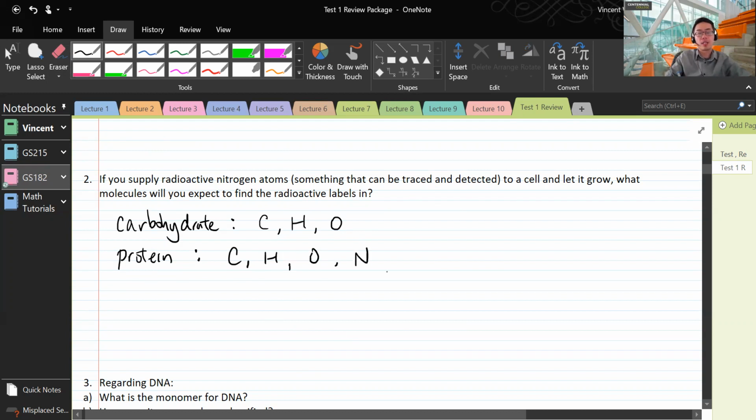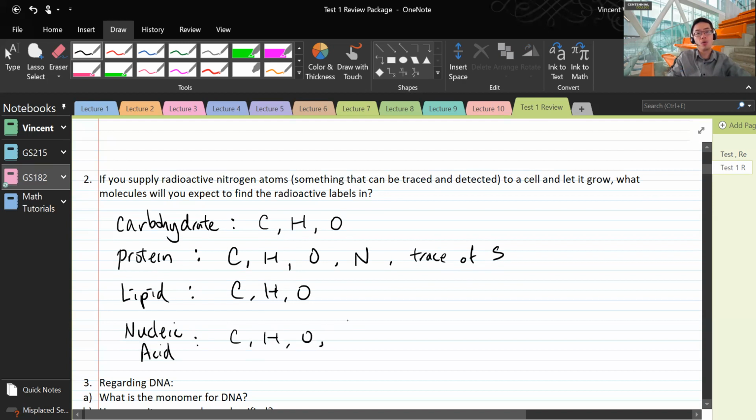It's going to be nitrogen as well. And then a trace of sulfur, a little bit of sulfur. Lipids. Lipids, we have carbon, hydrogen, and oxygen. And for nucleic acid, we have CHO as well as phosphorus.